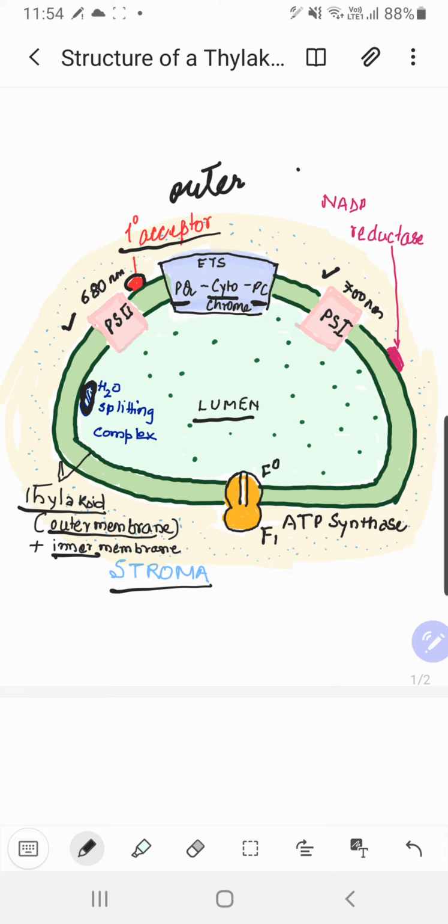One more structure at the right side here, again towards the outer membrane, is NADP reductase, the enzyme which helps in reducing NADP to NADPH2, right? So this has a specific role.